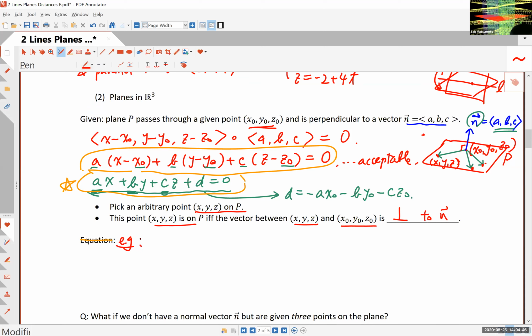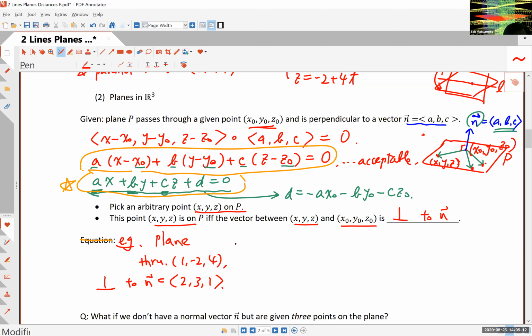All right, so let me just give you an example, not an equation, because I've already written an equation. Here's an example question. Try to find an equation of the plane through 1, -2, 4, and perpendicular to a normal vector of 2, 3, 1.